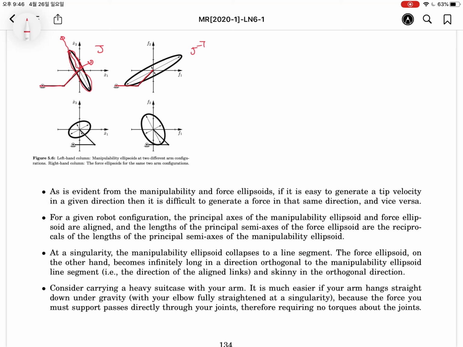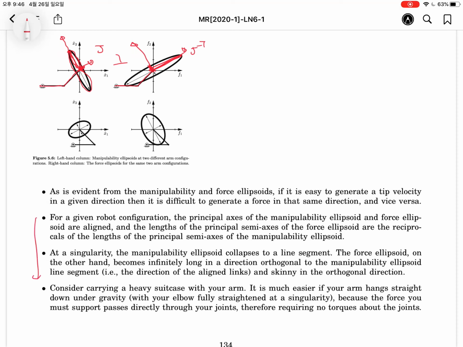These two axes are maintained in the force space, but the major axis length and the minor axis length should be defined using the reciprocal property. So when this is very long, the small one will be achieved. This is very small, and a very long component will be achieved because both are orthogonal to each other.